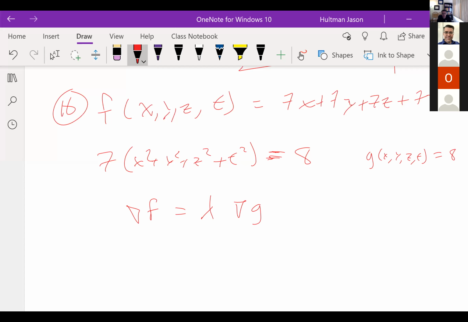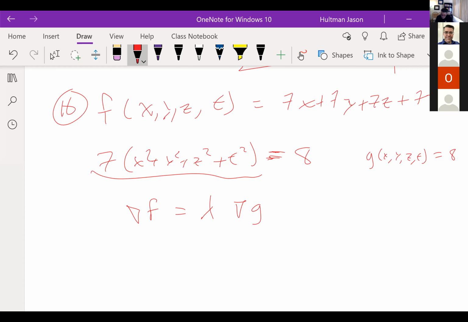It's like degrees of freedom in statistics: this restricts 1 degree of freedom by putting an 8 there. It tells me that this function is constrained by 8.